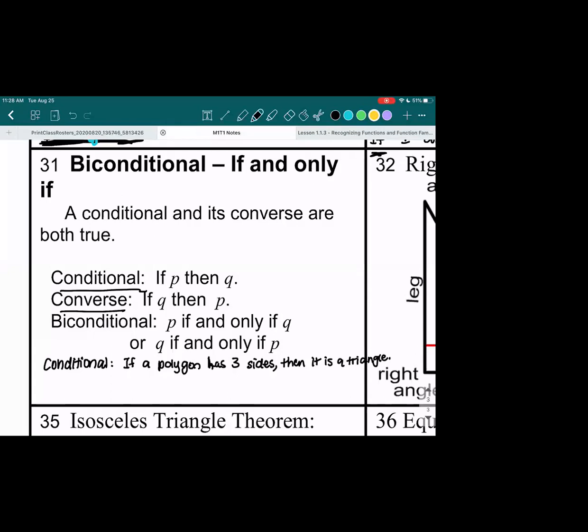And then the converse of that would be, if a polygon, instead of having 3 sides, I would write is a triangle, then it has 3 sides.